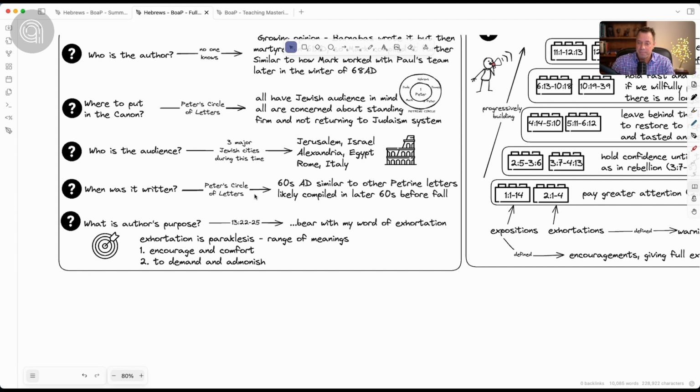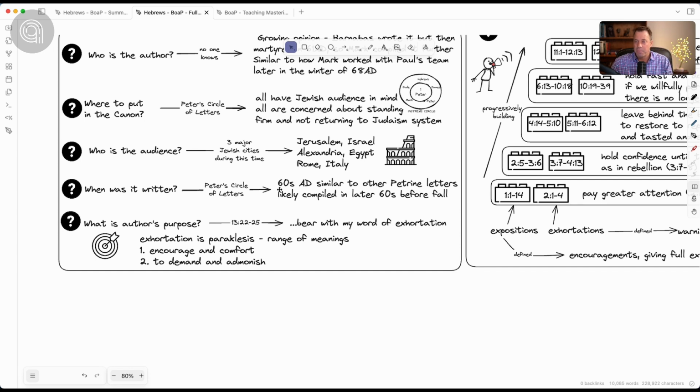When was it written? Very likely during the same time as many of the other Petrine circle of letters, so sometime in the 60s. This would be before the fall of Jerusalem in 70 AD, and this is 3 decades after Christ went back up into heaven.